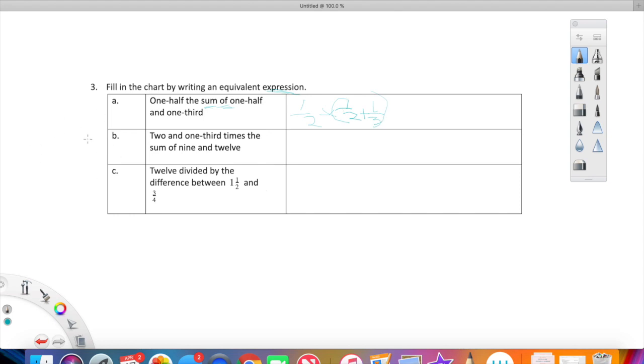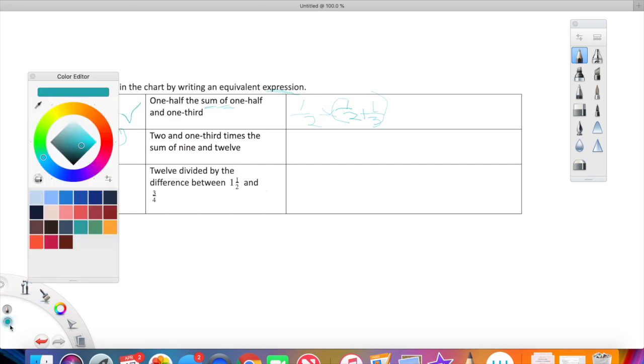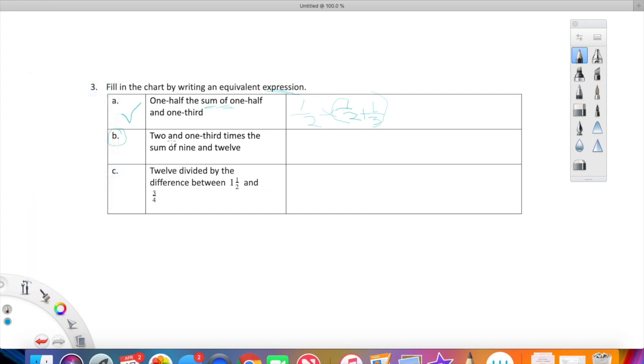Now let's take a look at B. Let's get a different color. Okay, so we have 2 and 1/3 times the sum of 9 and 12. You can write 2 and 1/3 because you know it's going to be first.